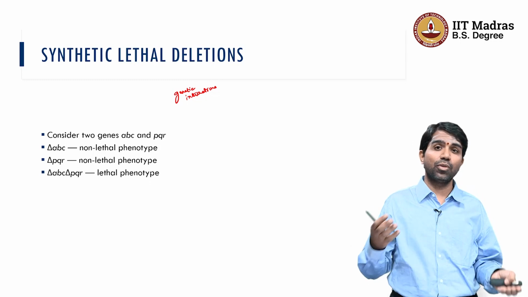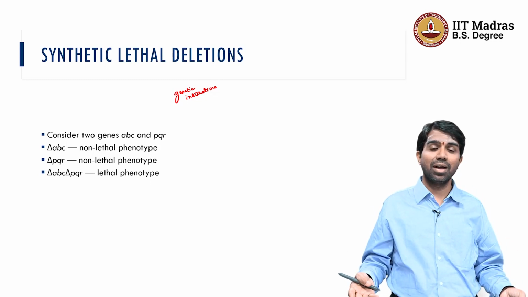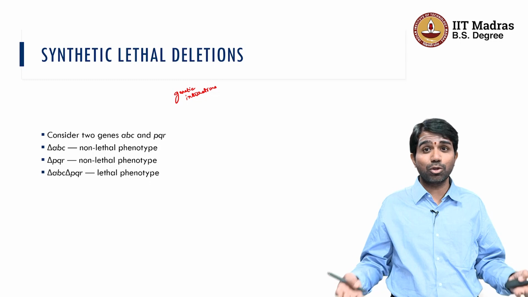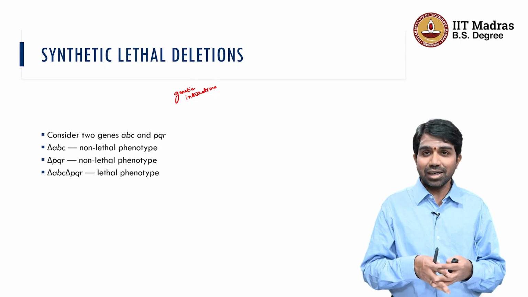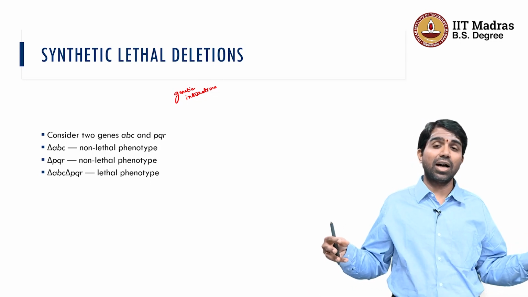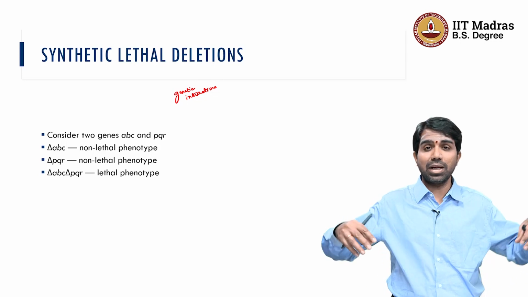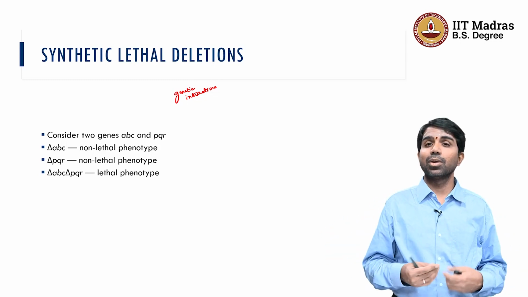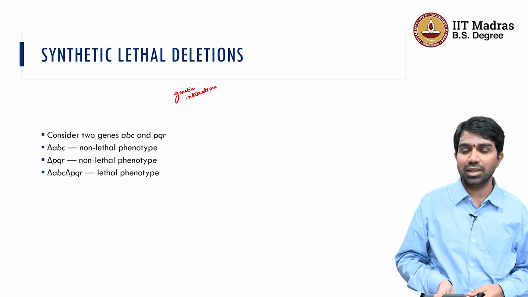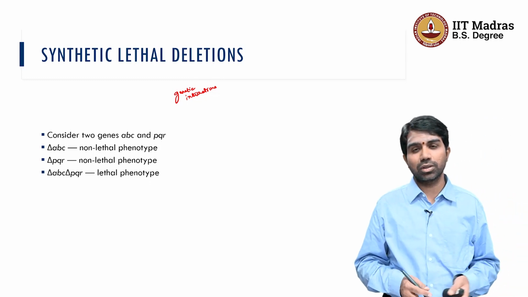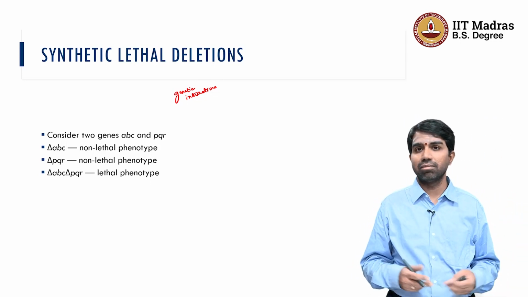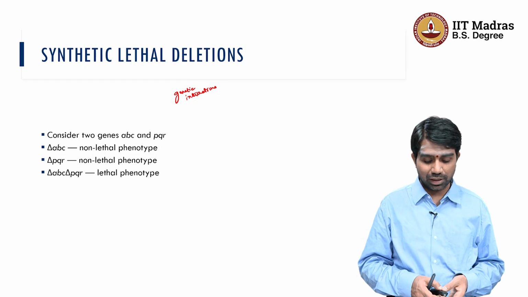But when you remove both of these independently, nothing happens, but when you remove them together, the cell dies, right. So, even if they may be in far off pathways, they may be helping to produce the same molecule that is required for cellular survival and things like that. There is a lot of work that we have also done on synthetic lethals in our lab, and if you are interested, you can go and read a little bit more about it.